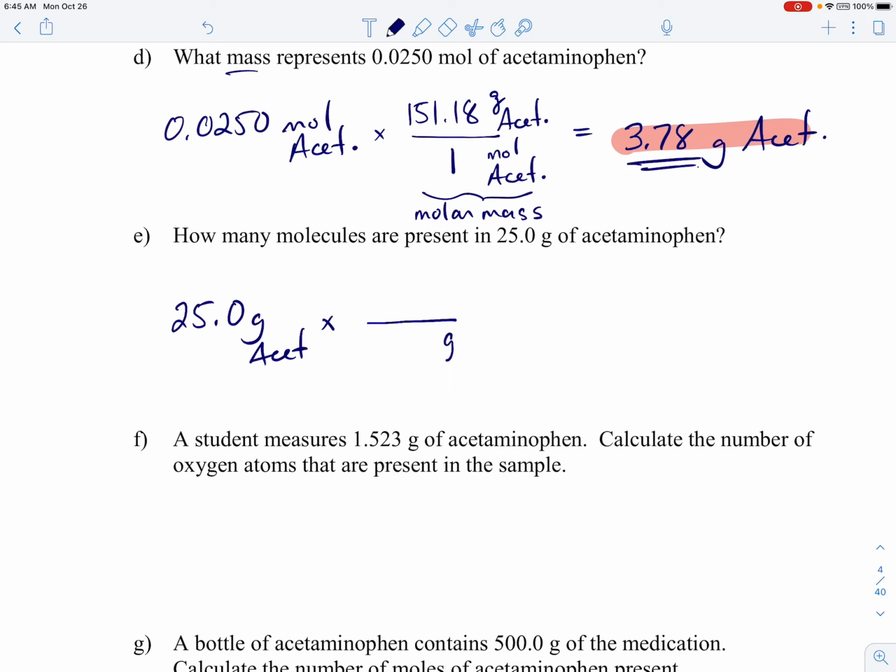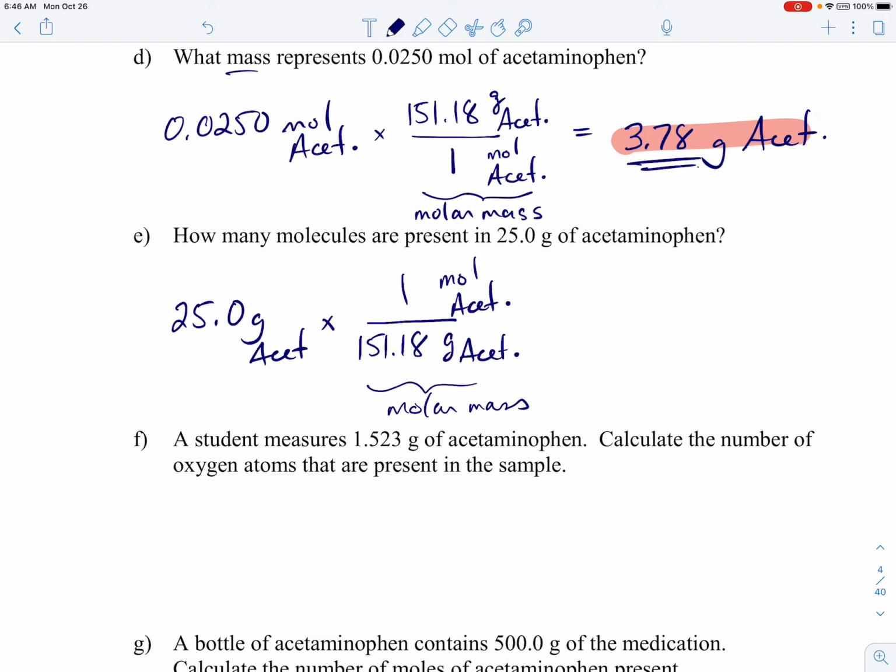So we will get rid of our grams of acetaminophen, and we'll switch that to moles of acetaminophen. Using, just like up above, the molar mass, right? When you see moles and grams together like that, that's the molar mass. 1 mole weighed 151.18 grams.